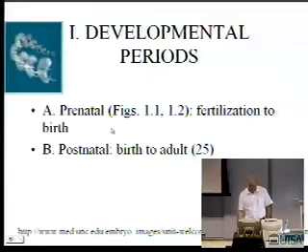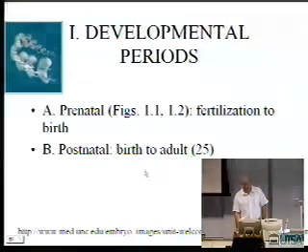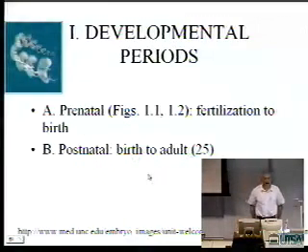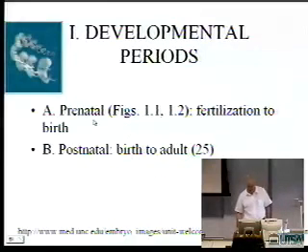So there are two major developmental periods: the prenatal, figures 1.1 and 1.2 from the text, which is fertilization to birth. And then there is the postnatal, and that's birth to death. So developmental biology really is the study from conception to death.